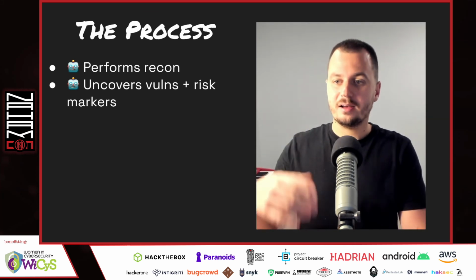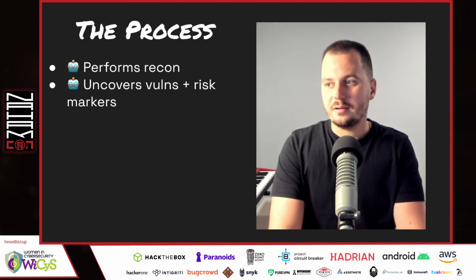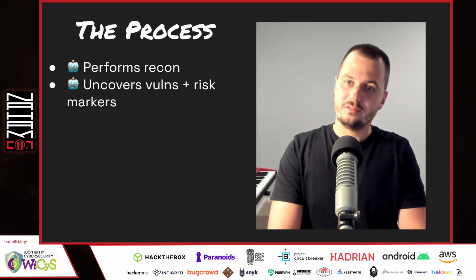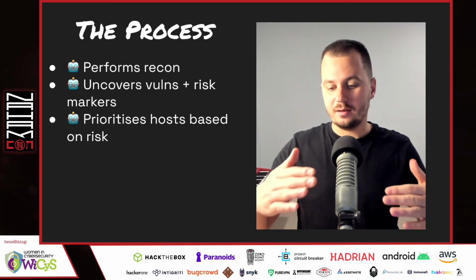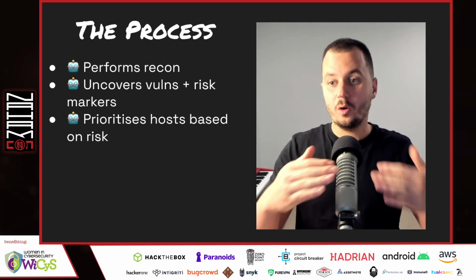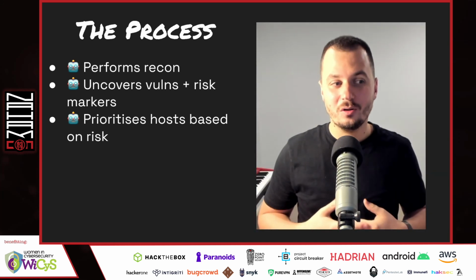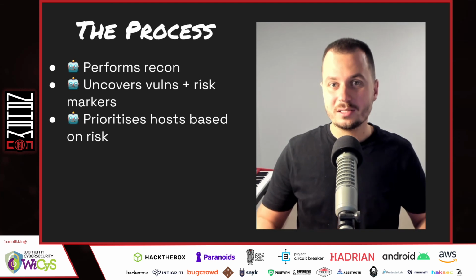As it starts uncovering those, it can start developing some kind of risk scores for each host or each asset that you discover. Once it has these risk scores, it can easily order them. So it's prioritizing hosts based on how likely they are to be vulnerable by analyzing their risk markers.